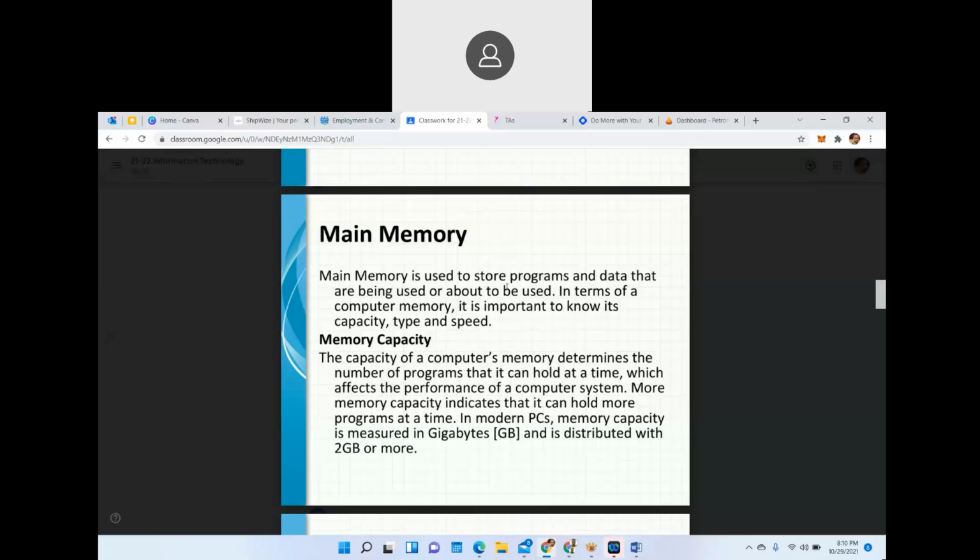Two key components that affect the performance of a computer are the processor and the main memory, also called RAM. If you have a fast processor but little RAM, your computer is going to be slow. If you have a slow processor and a lot of RAM, your computer is going to be slow. You need a good amount of processor speed and a good amount of RAM to balance each other.